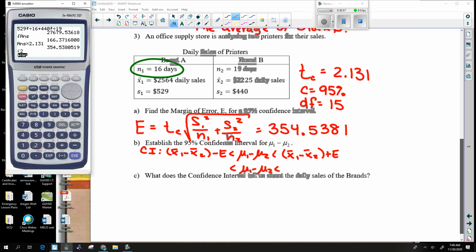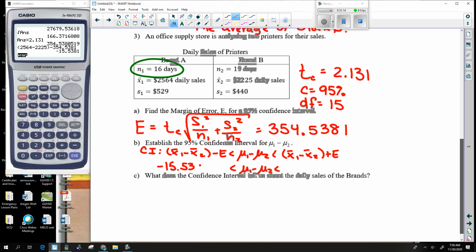So we take x bar 1 minus x bar 2 minus e. And then x bar 1 minus x bar 2 plus e.